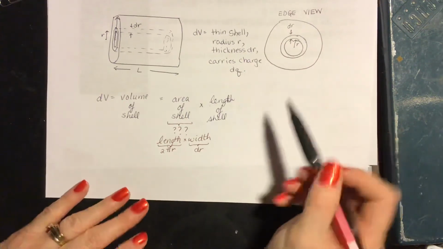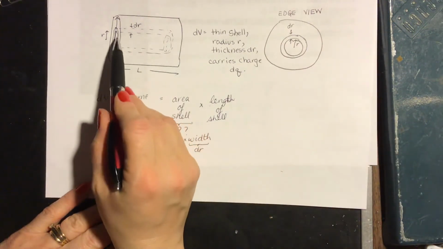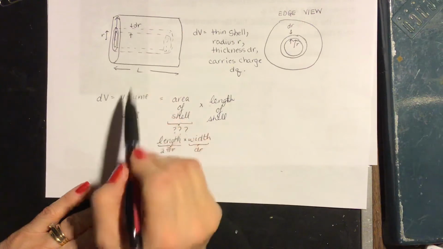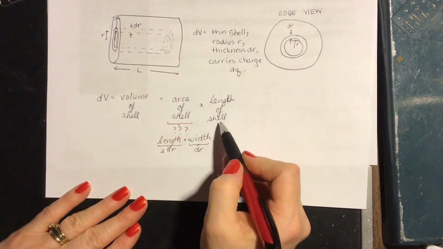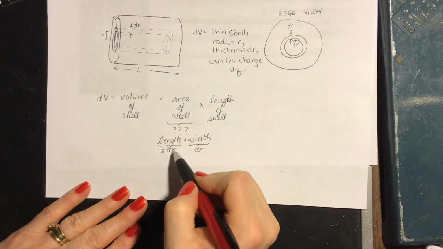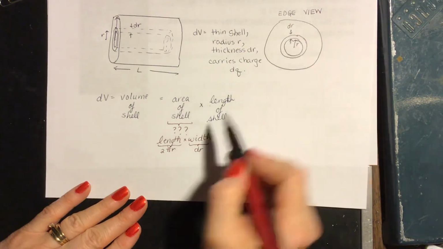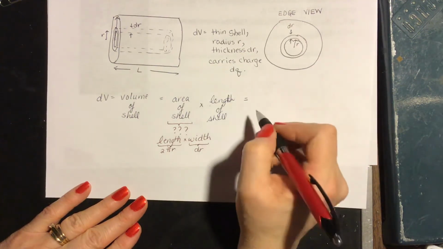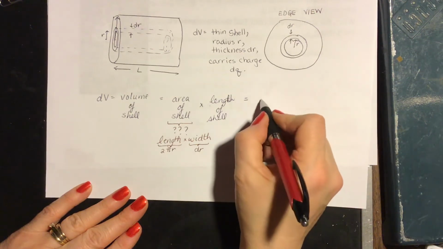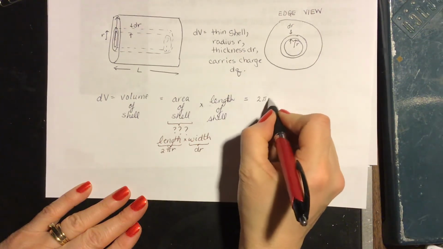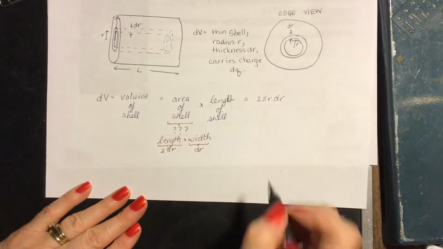The volume would be the area of the shell times the length of the shell. The area would be 2 pi r times dr, so the length times the thickness, and then we multiply that by the length of the whole thing to get the volume of the shell: 2 pi r dr L. So now we have somewhere to go with this.